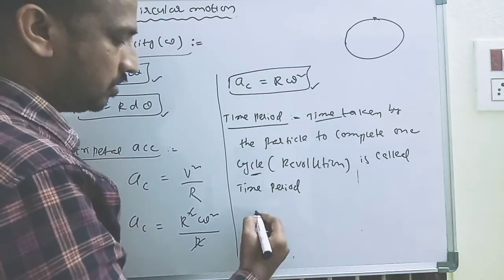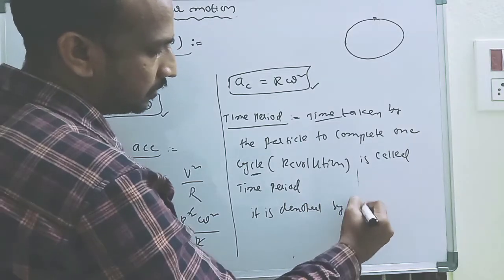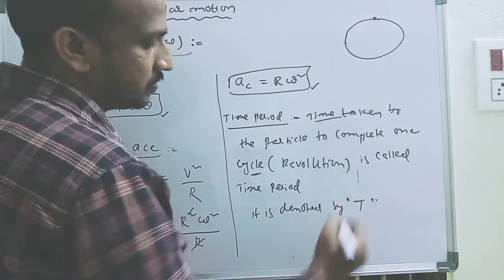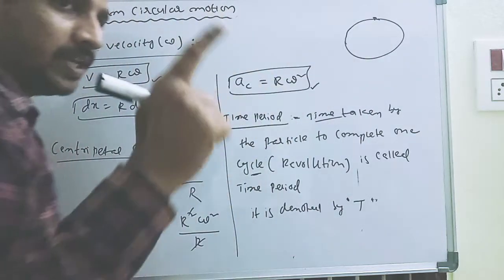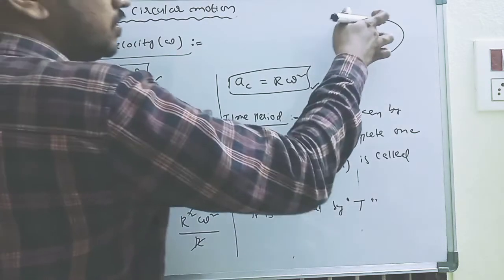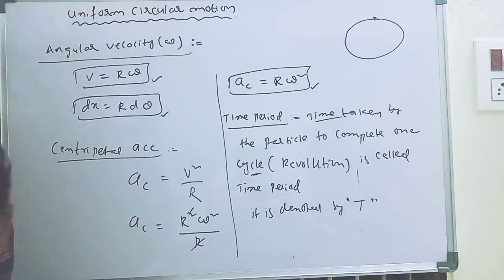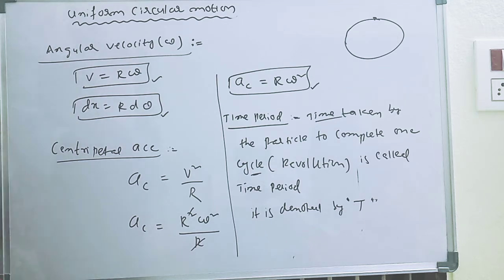It is denoted by T. So T is the time to complete one cycle of displacement, and the total angular displacement of one cycle is 2 pi. So the time taken by the object to complete one cycle is called time period.